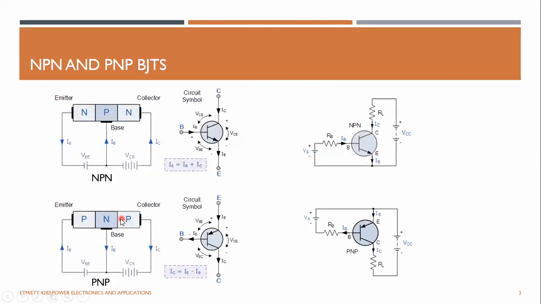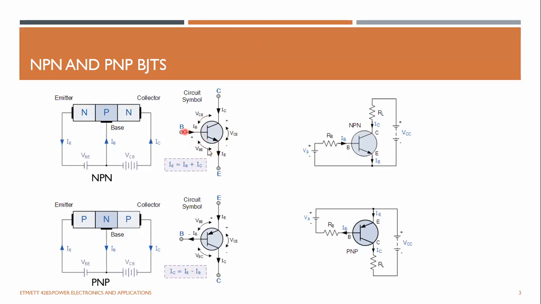This slide shows you the biasing of the two types of BJTs. The first one is the NPN type. The base emitter junction is shown here, and the collector emitter junction is shown here. This is the typical symbol of an NPN type BJT.